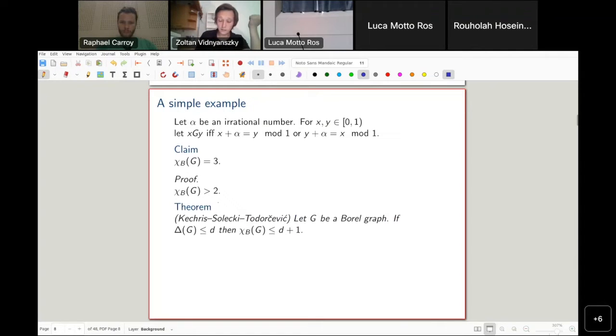This general result says that if I am given a Borel graph such that every degree is at most d, so this is the notation for the max degree, so every point has at most d many neighbors, then its Borel chromatic number is at most d plus 1. Okay, so in our case, every point has exactly 2 neighbors, so the Borel chromatic number is at most 3. Right. So we have this exact statement from this black box.